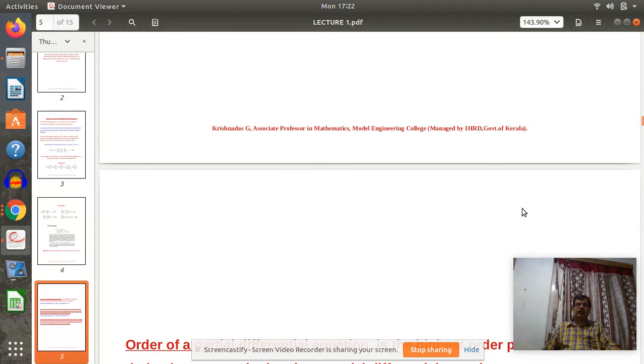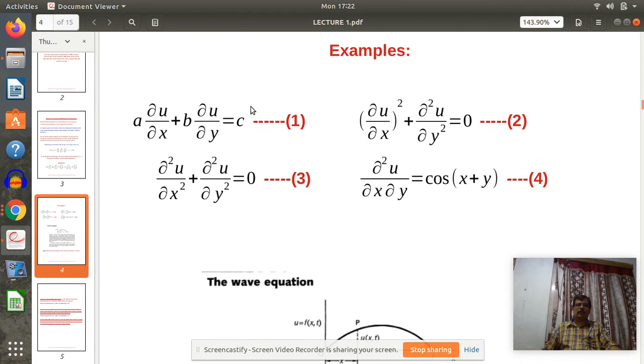In this example, the highest order partial derivative present in this equation is first order. So it is a first order differential equation.